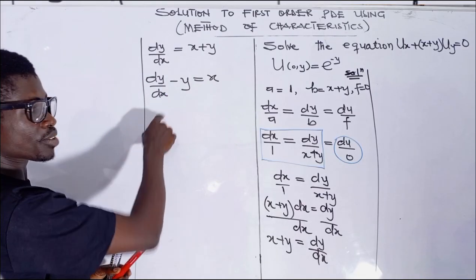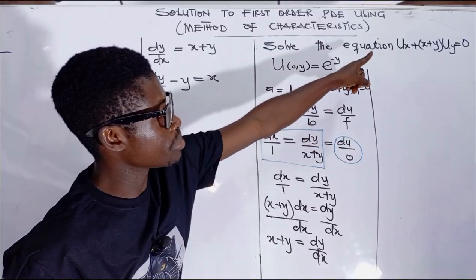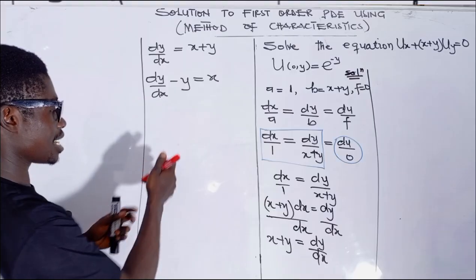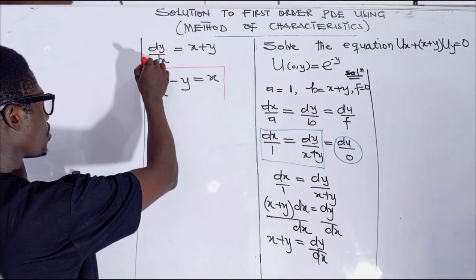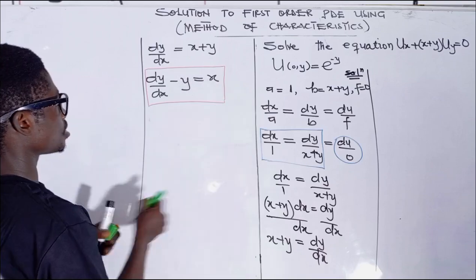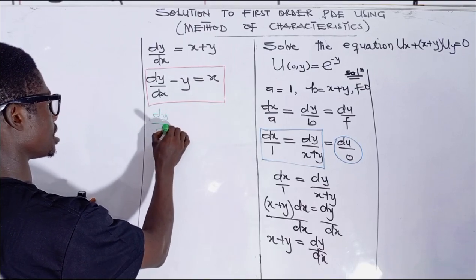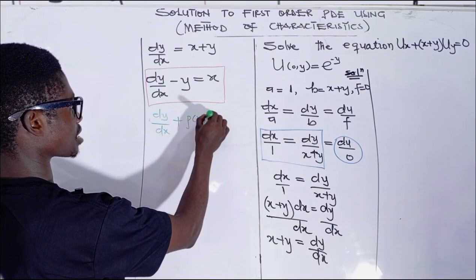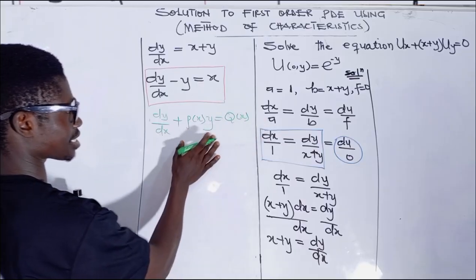Remember that this is an ordinary differential equation, because the characteristic equation has converted this PDE to an ordinary differential equation. Have you seen it somewhere before? This is of the well-known form dy/dx plus p of x y is equal to q of x.